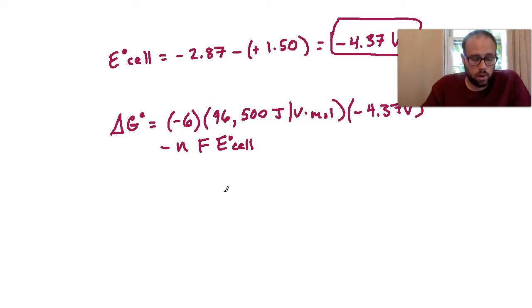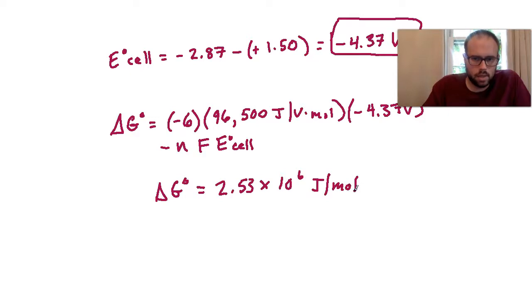Okay, so if you put all of that together, you end up with your delta G value, and delta G turns out, when you multiply all this, to be 2.53 times 10 to the 6. Now that's joules per mole. Typically, delta G is reported in kilojoules, so what we will do here is say, or 2.53 times 10 to the 3rd kilojoules per mole, and there is your answer.